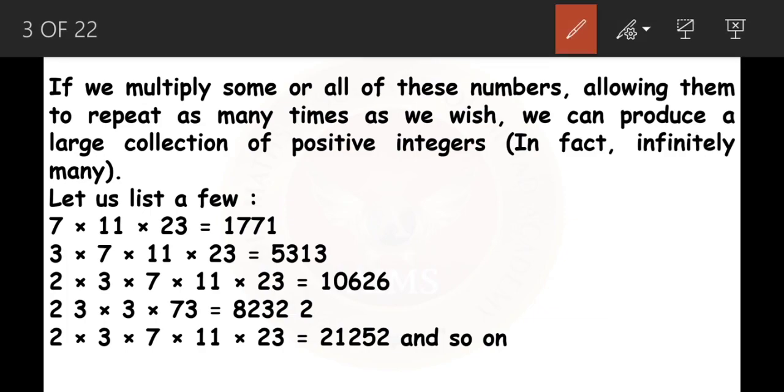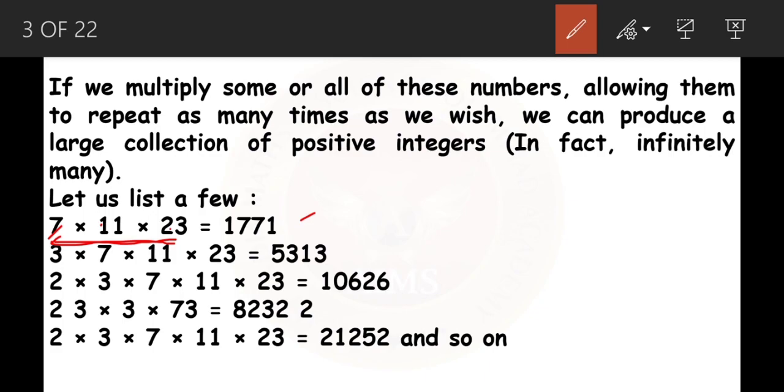Now we have to multiply the prime numbers and check whether we get a number or not. If we take numbers like 7, 11, 13, 23 and multiply them, here I am multiplying 7, 11, 23. What number have I got? 1771.